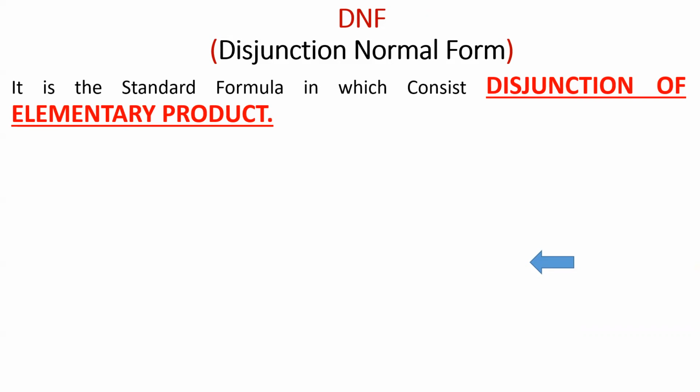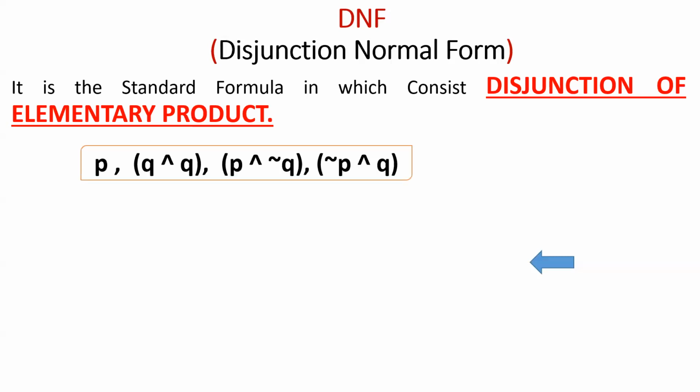It is the standard formula which consists of the disjunction of what? Elementary products. So to obtain the DNF form, we must first get elementary products, and once we get them, we take the disjunction of all elementary products, and that whole standard formula is known as DNF form.